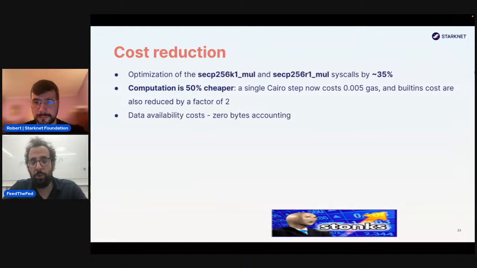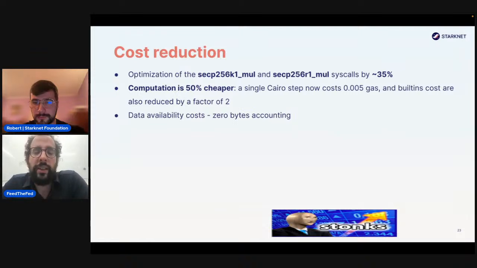This is on the computation front. There are also a few reductions on the data availability front. So today, if I am updating a single storage cell in Starknet, I am paying around 1K gas. Why am I paying around 1K gas?